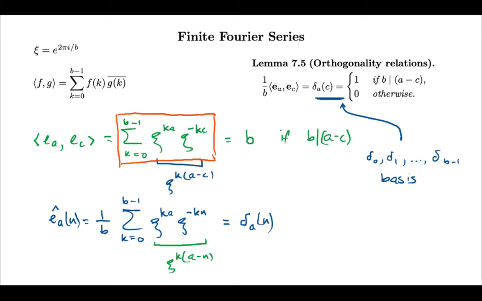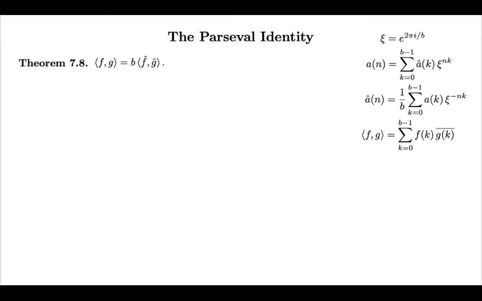The first thing I'd like to discuss now concerns the inner product that we also defined in the last video. It turns out this inner product remains essentially invariant if we move from two functions, like here f and g, to the inner product of their Fourier transforms, and this is called the Parseval identity. This is theorem 7.8 in the book.